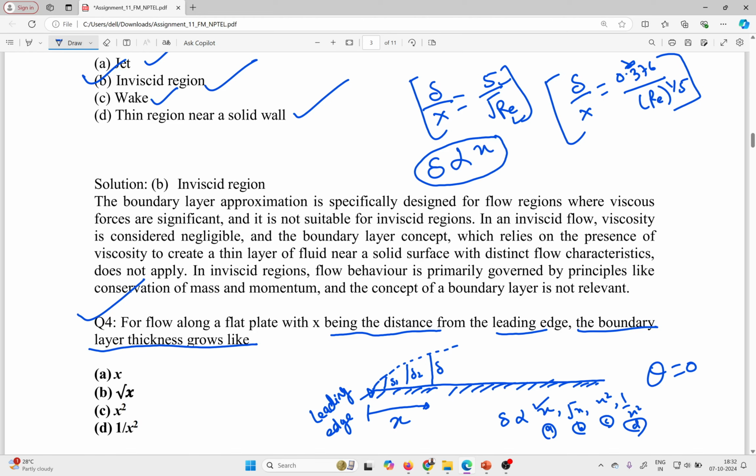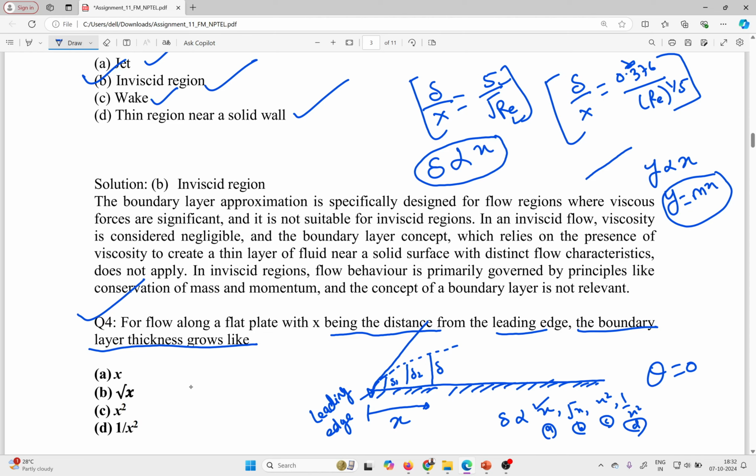If I write y equal to mx, that is the equation of a straight line; it would grow straight, not like that.